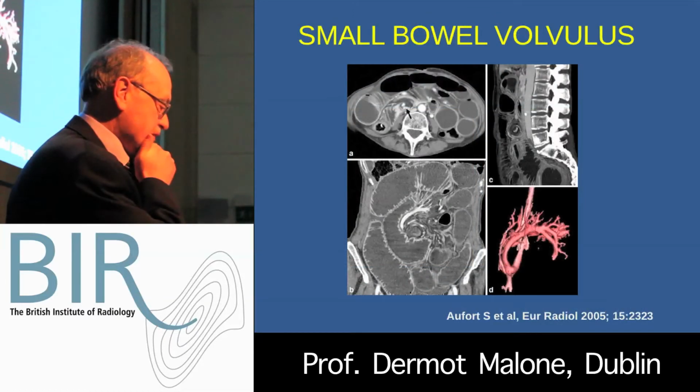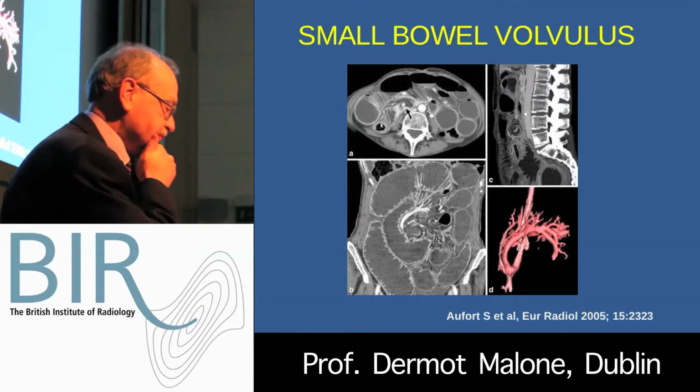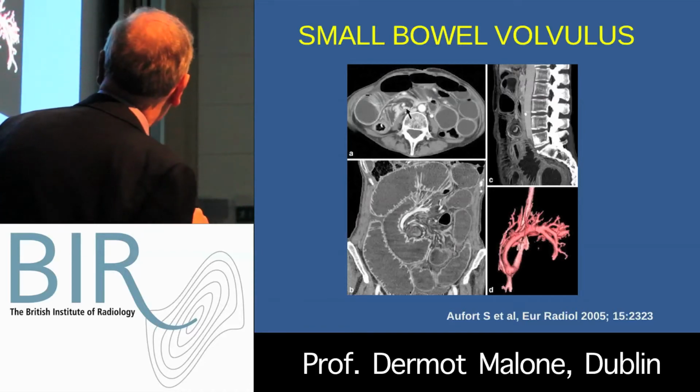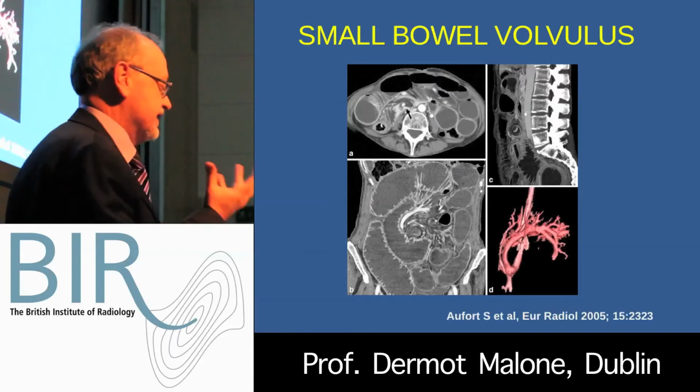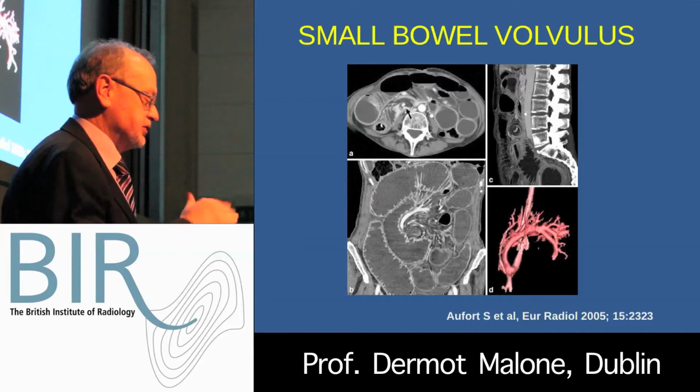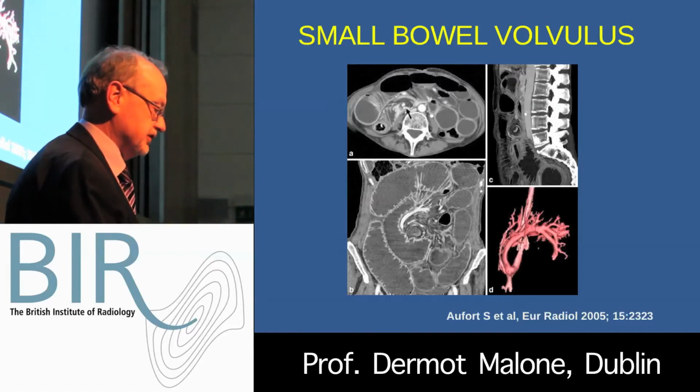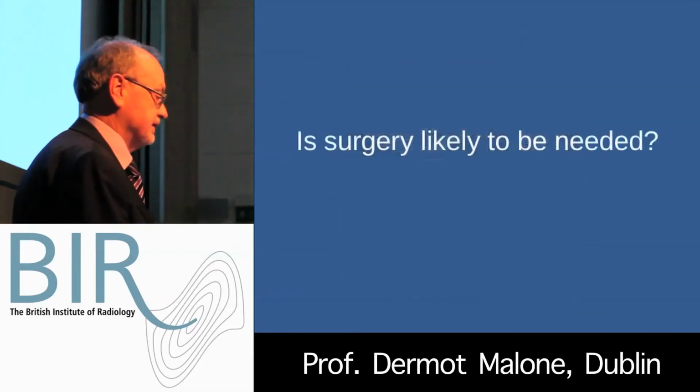This is a nice paper by Oforth et al. from European Radiology. I was interested to see that they had actually used the vascular reconstruction package on their CT to help them decide volvulus or no volvulus, and that's an option you can try as well.